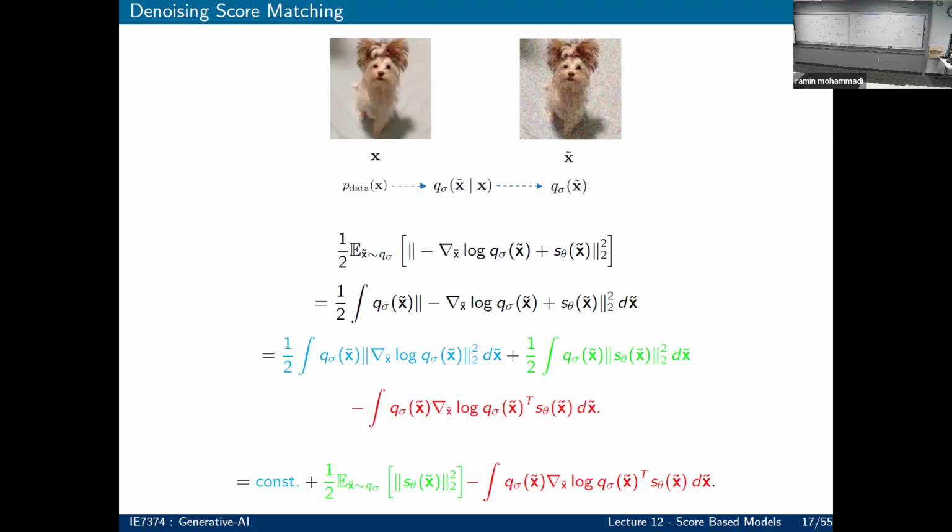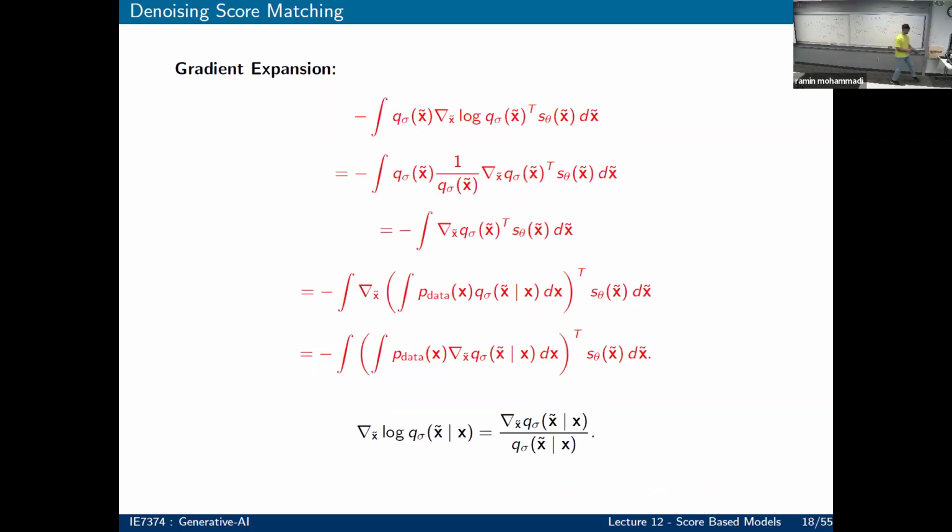Then this one, you can just rewrite it again as an expectation. If I sample a point from the noisy distribution and calculate this term, the square value of the score function, plus, minus, then we have this term. So we're going to expand this. Similar idea to what we had in the previous part of the class.